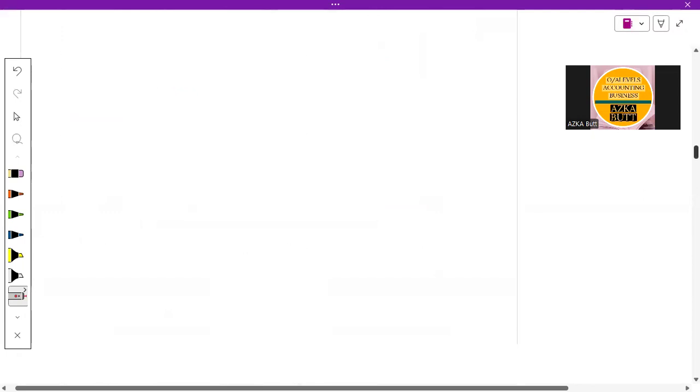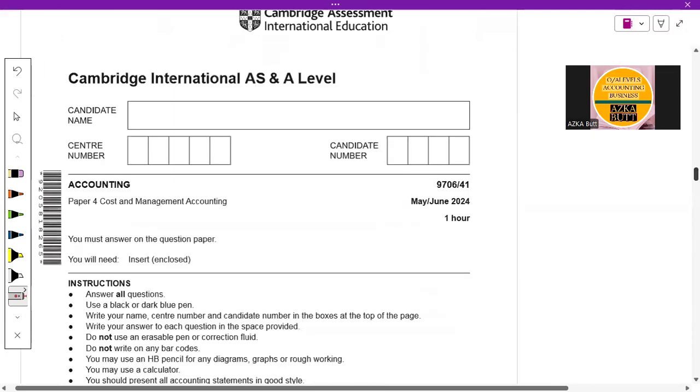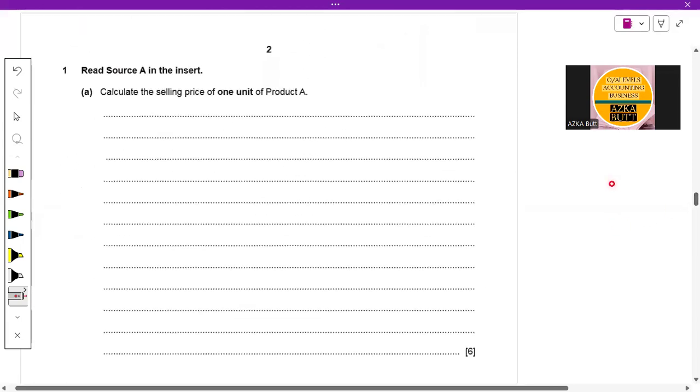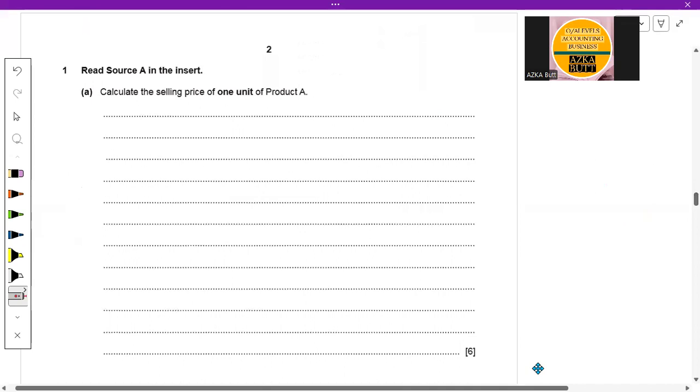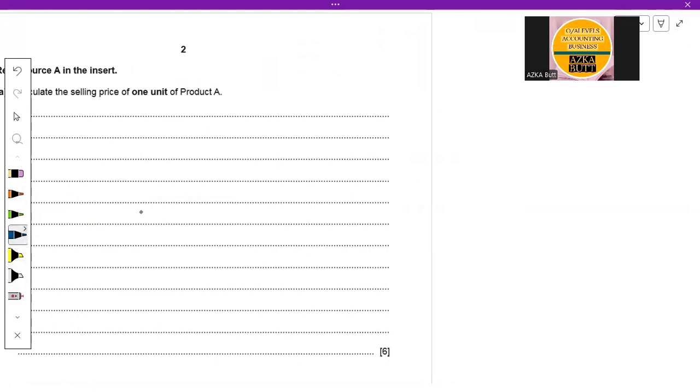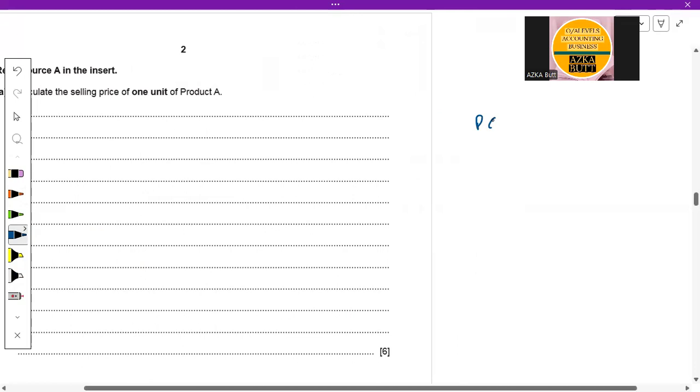First, we have to find out the selling price. So first of all, let's calculate the direct cost. From direct cost, we have first of all the direct material cost.